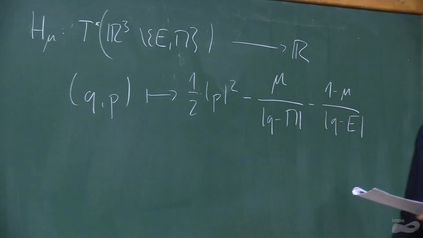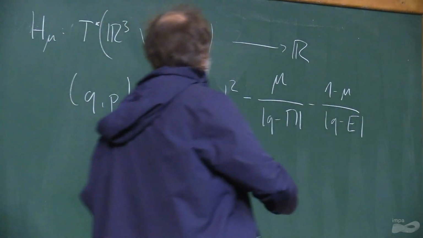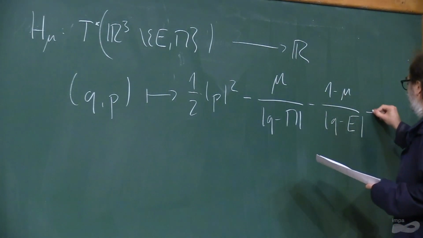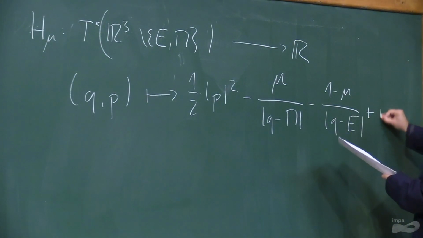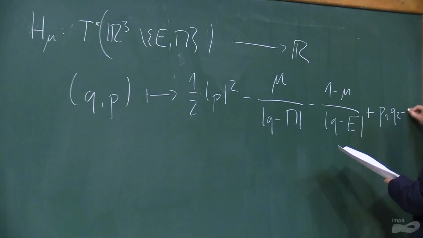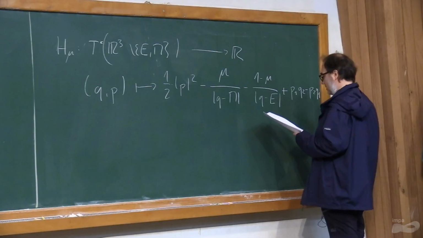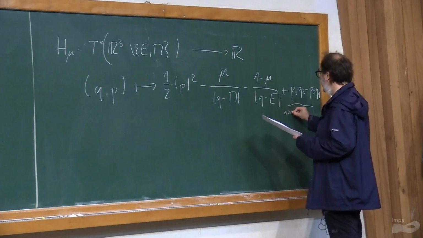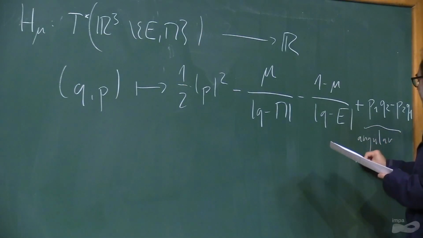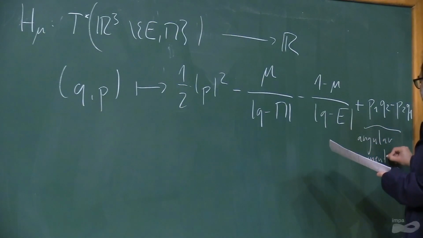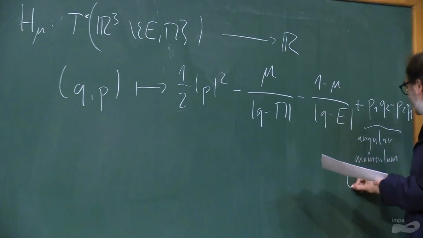And because we are in these rotating coordinates, we have an additional term, which is angular momentum, and this takes account of the rotation: p1 q2 minus p2 q1. This is angular momentum, which generates the rotation.